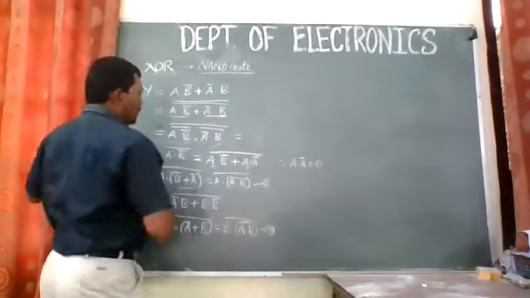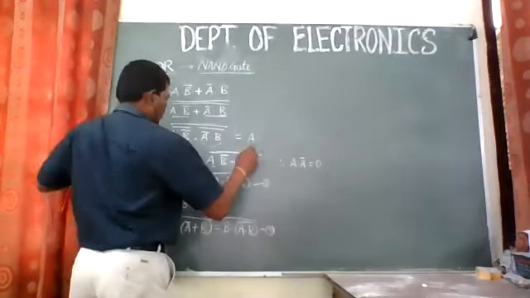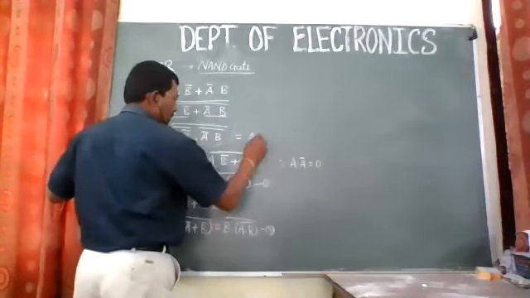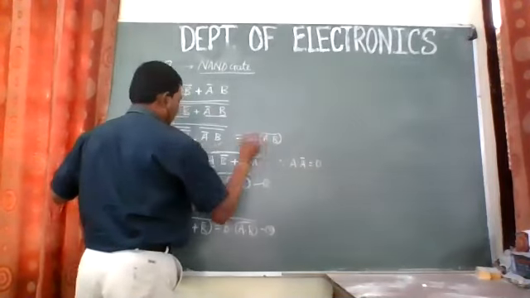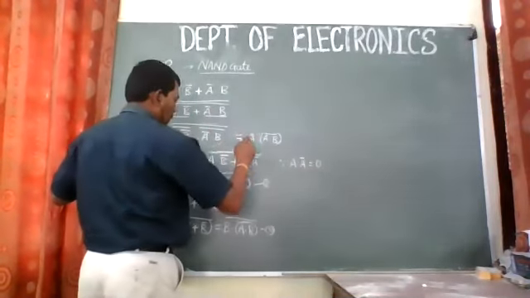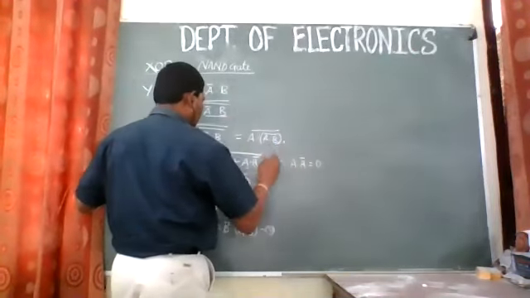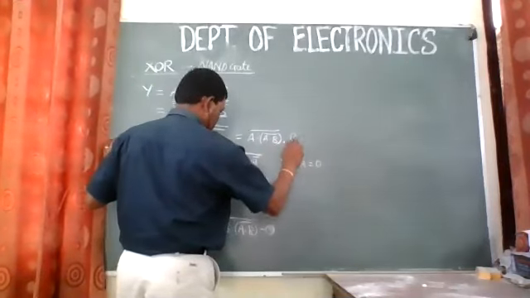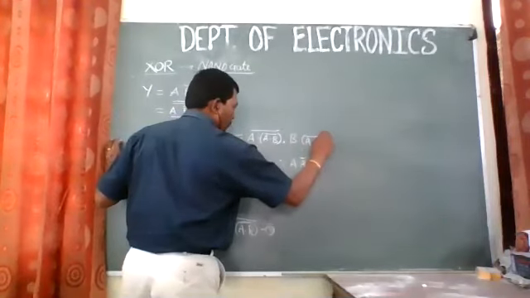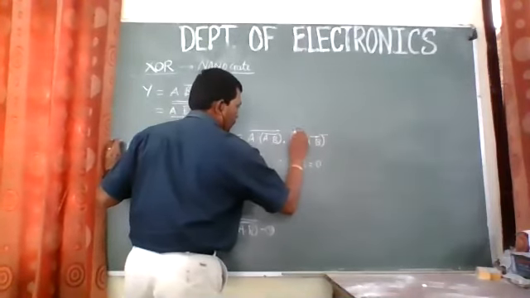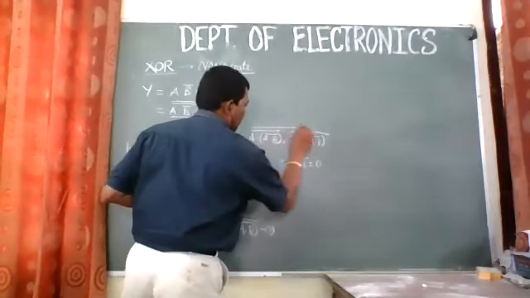So that is Y is equal to, now we can write this whole term replaced by that: A dot B whole bar, with whole bar dot B dot A dot B whole bar complement, this is complement with whole complement.